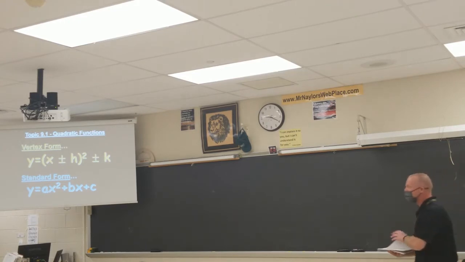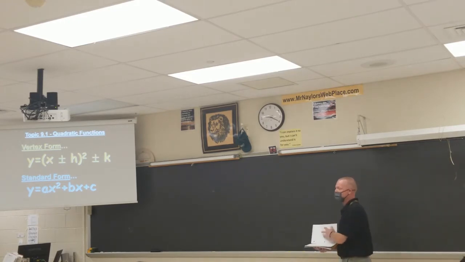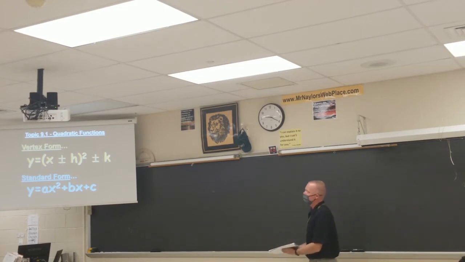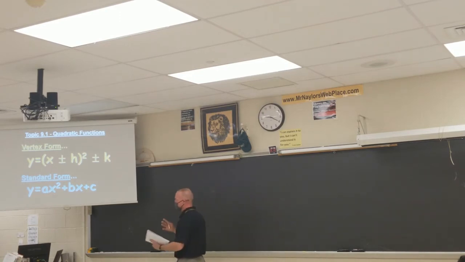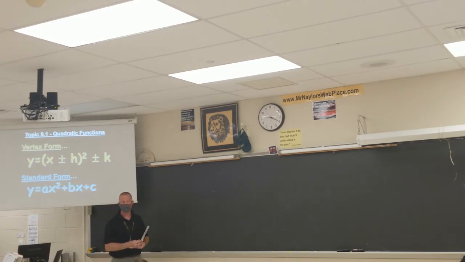I can say it, but I hope that you understand it as we go through this lesson, that both of these forms can represent the same parabola. But which form you're given will change the way you approach it, in other words, how you find the actual graph.